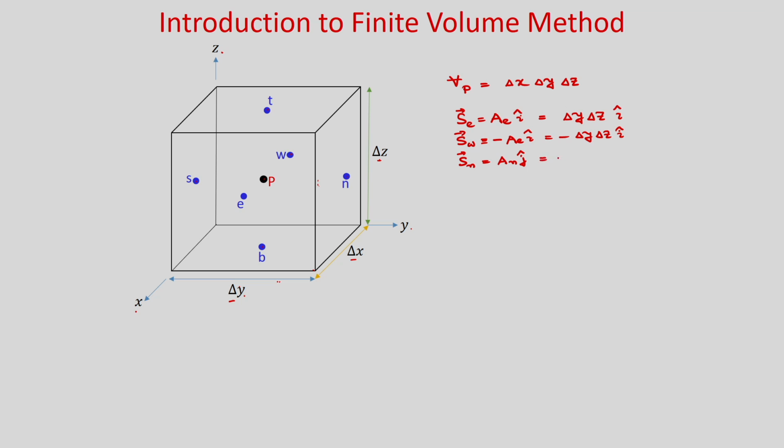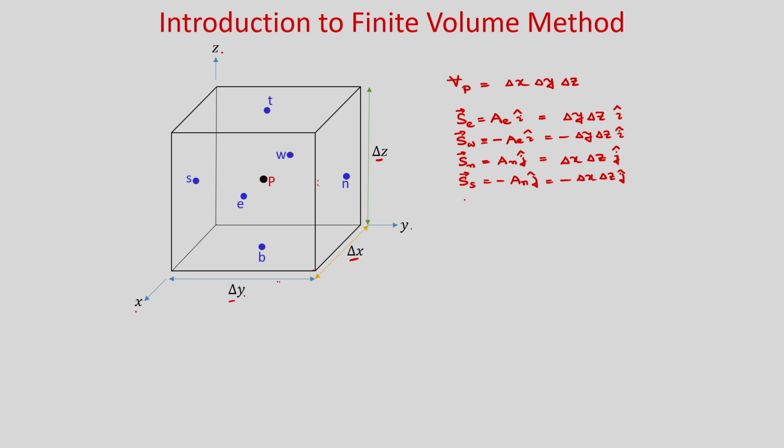Now A N, this right face, will be delta x into delta z. So it is delta x into delta z into j. Similarly S S, the south face, will be minus A N j and it will be minus delta x delta z into j.